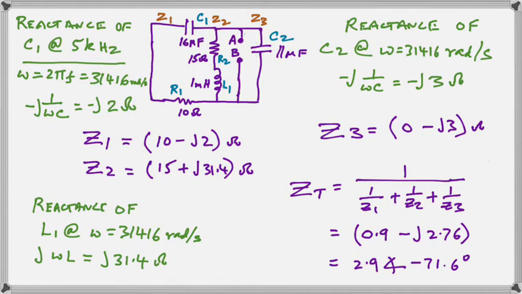We can now assemble our complex numbers for the impedances, because notice with the Z1 we have the resistor 10 ohm here in series with the C1 16 microfarad capacitor. So the real part of that impedance will be 10 for the 10 ohm resistor, and the imaginary part will be the minus j2 ohms for the capacitor, and that will be our impedance Z1.